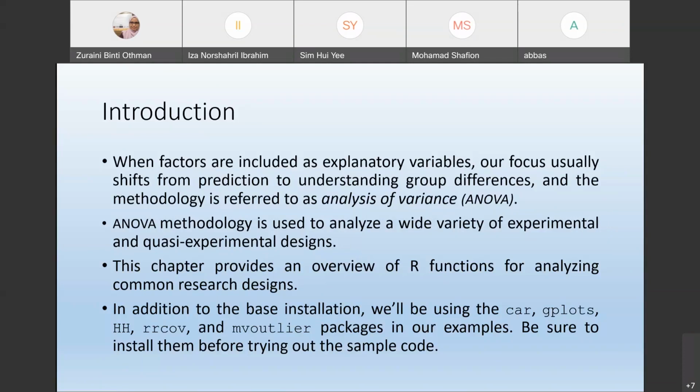By using R, it helps us to know whether this factor is significant or not for our study. For example, we have one dependent variable, which is graduate employability.